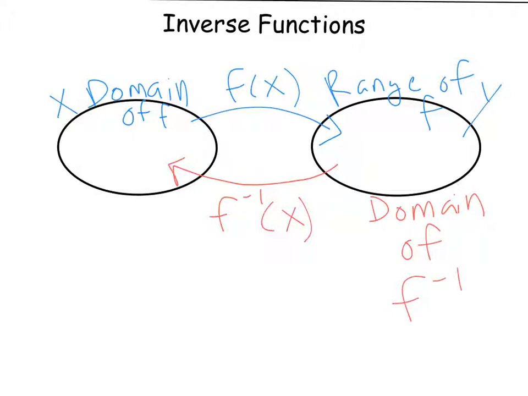Those are now kind of like my x values. And then over here, what was the domain for f is going to be the range for f inverse. Okay? But the same points are still paired together. They just switch in terms of being an x and a y value.